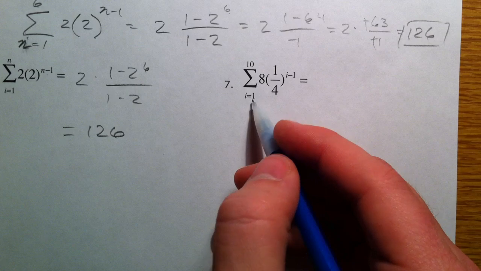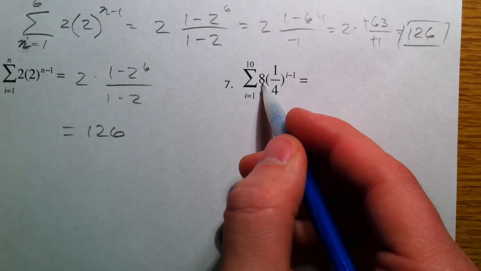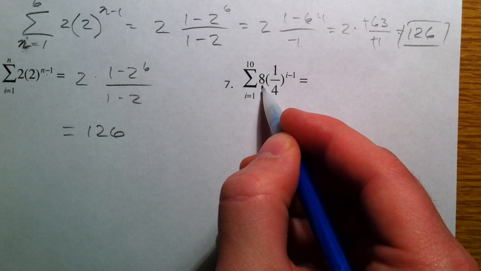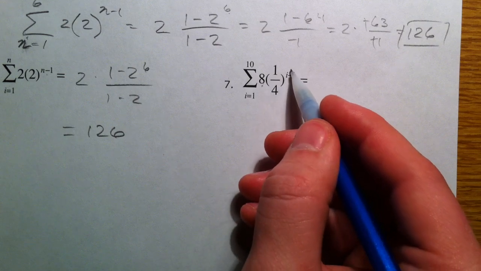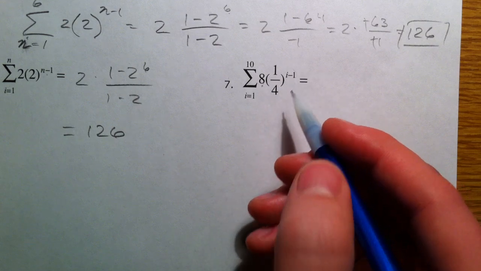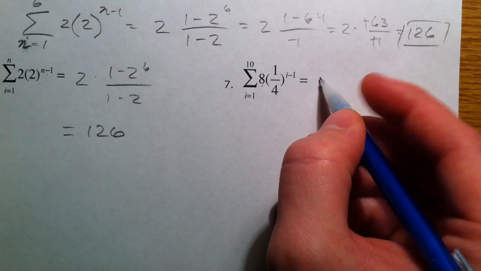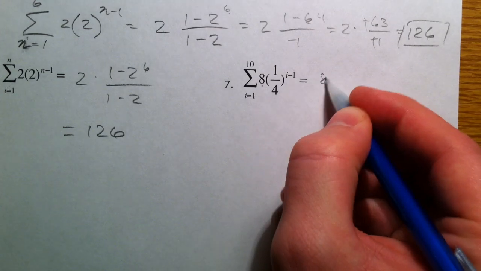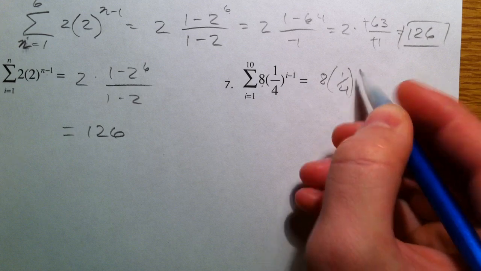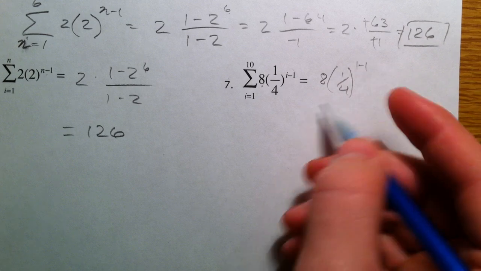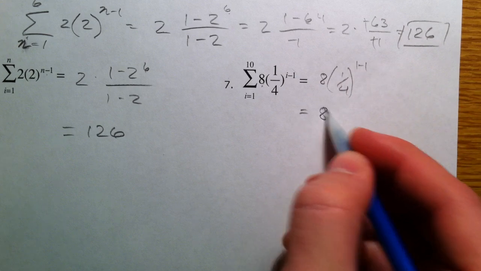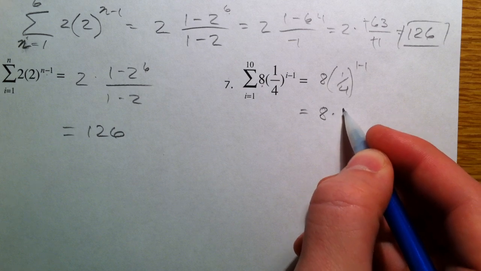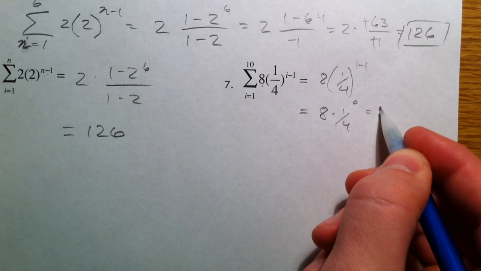Continuing for this next one, I always like to double check that this is in fact my first term, because like we've been seeing, sometimes this can be n, sometimes this can be n minus 1. So 8 times 1/4 to the 1 minus 1 power gives us 8 times 1/4 to the 0, or just 8.